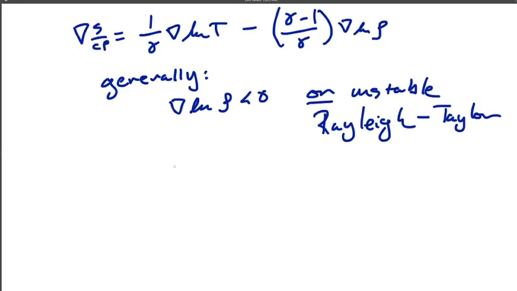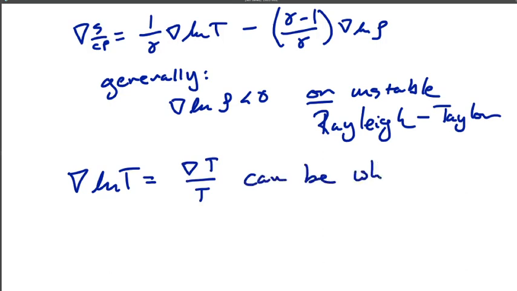So generally the density gradient is less than 0. And because the density gradient is less than 0, we really need to compare the temperature gradient. It's the temperature gradient that determines whether we're stable or unstable. The logarithmic temperature gradient, to remind you, is the temperature gradient divided by the temperature.